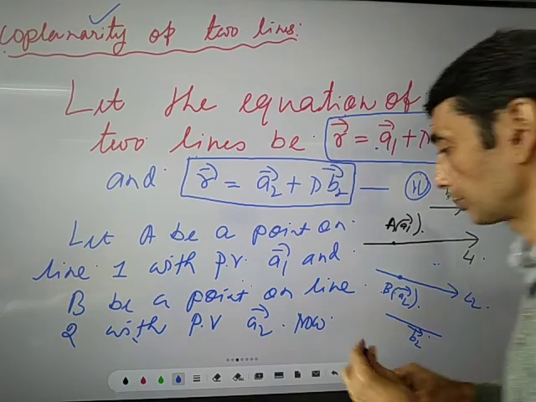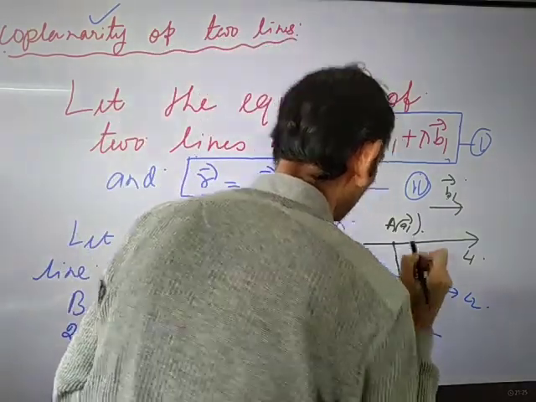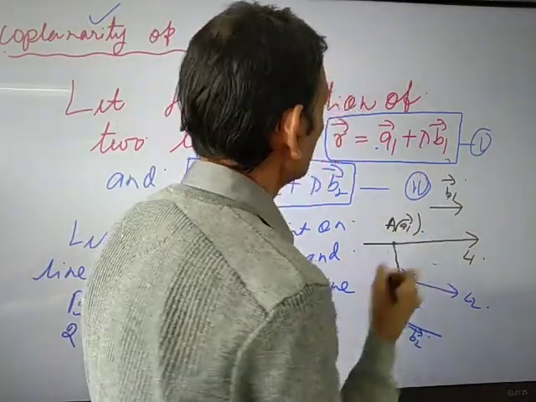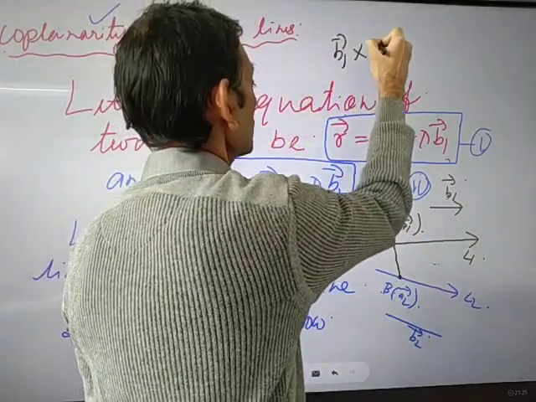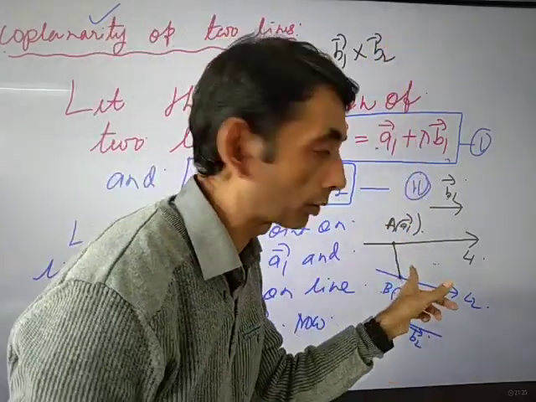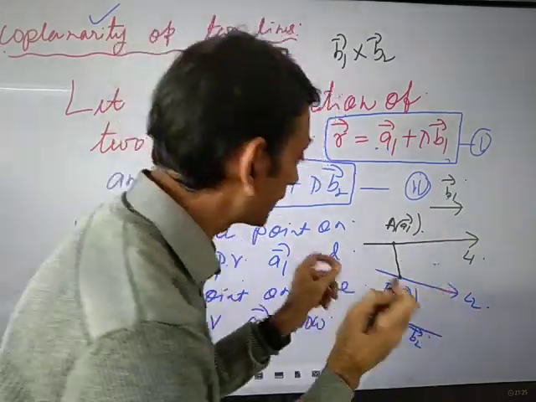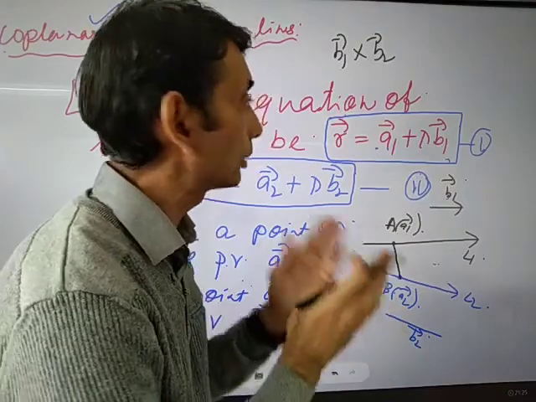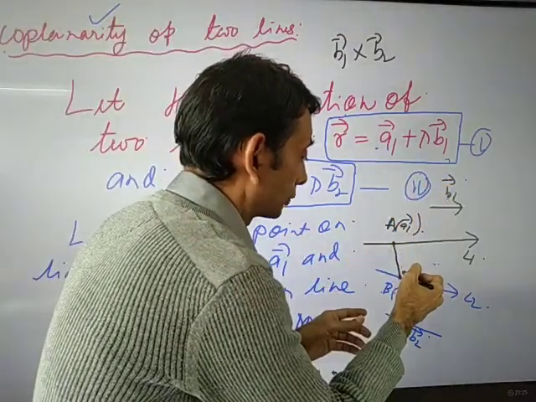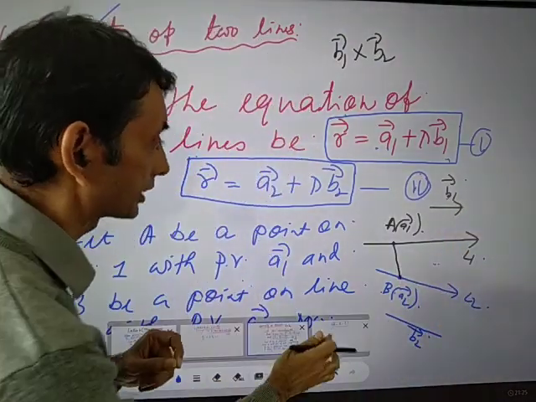This is AB. Now what will be the direction of B1 cross B2? It will be perpendicular to this plane, and in case it is perpendicular, it has to be perpendicular to AB. And we know that if two vectors are perpendicular, then the dot product between these two vectors will be 0. So we'll be using this simple concept.